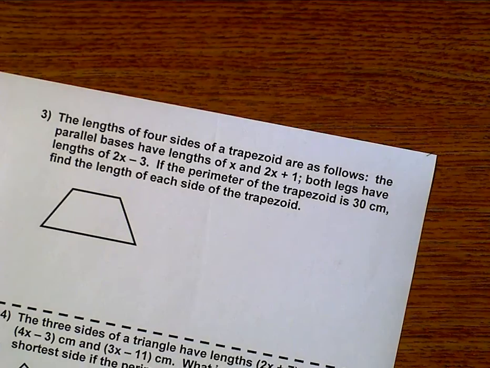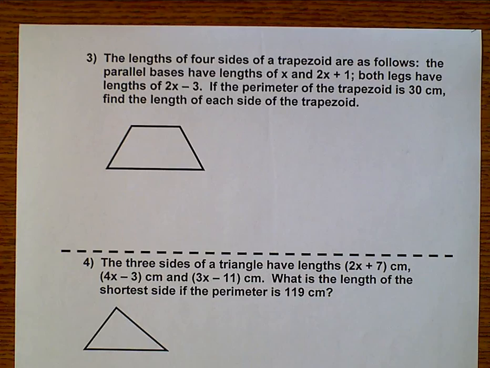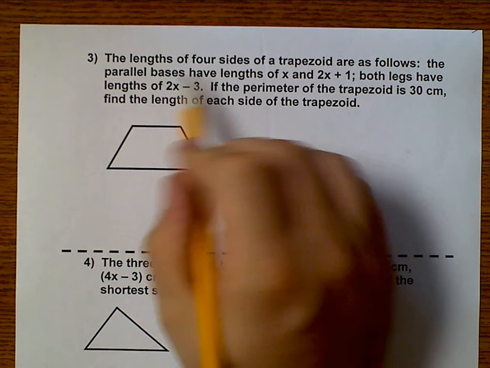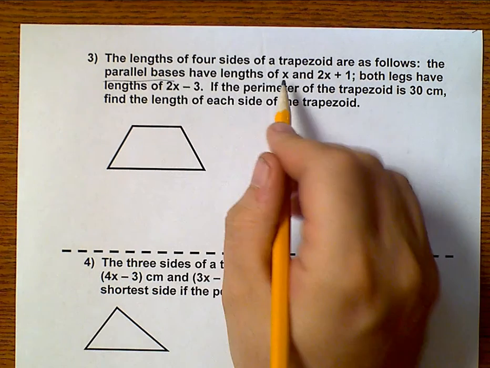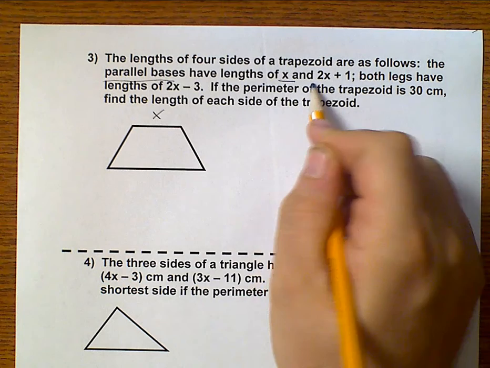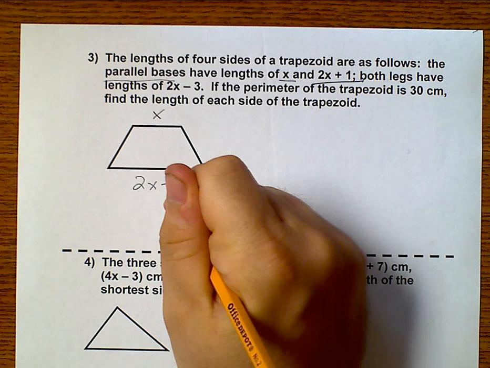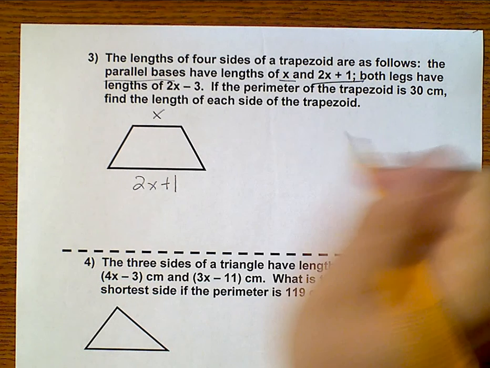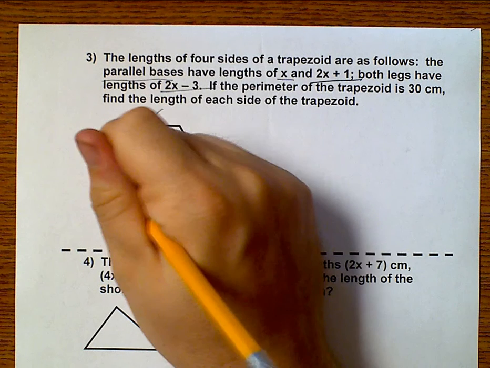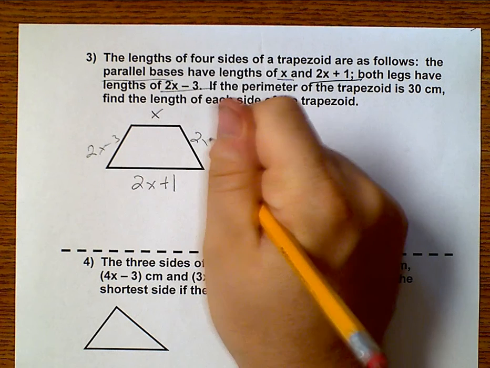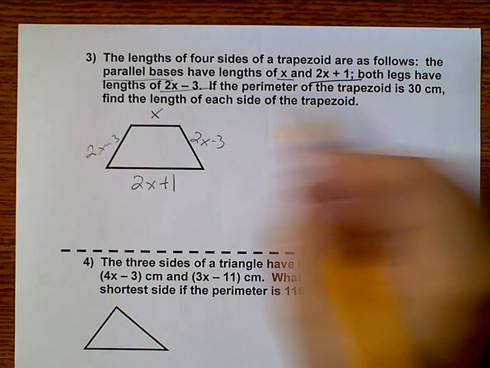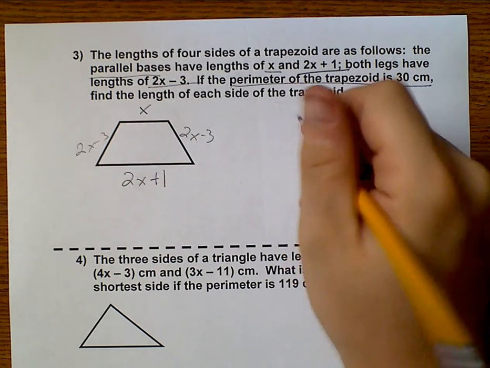Well, now we're given an odd shape. It's not a rectangle, this is a trapezoid. And they give us some information. It says the parallel bases have lengths of x and 2x plus 1. And the legs are 2x minus 3. And the perimeter is 30.